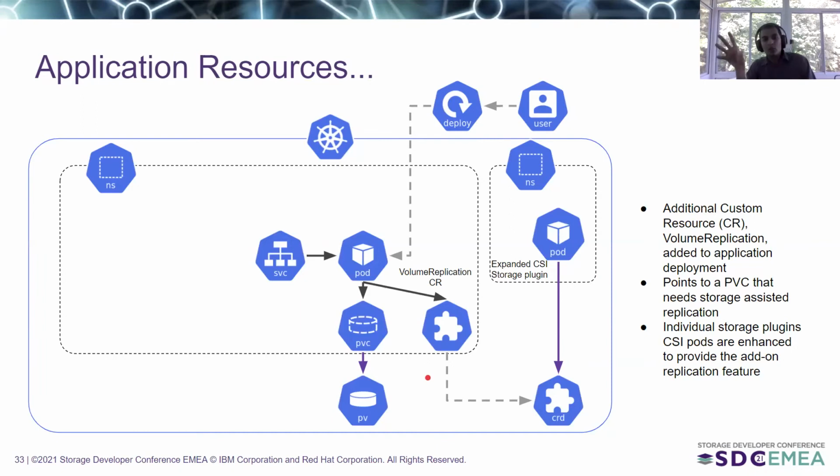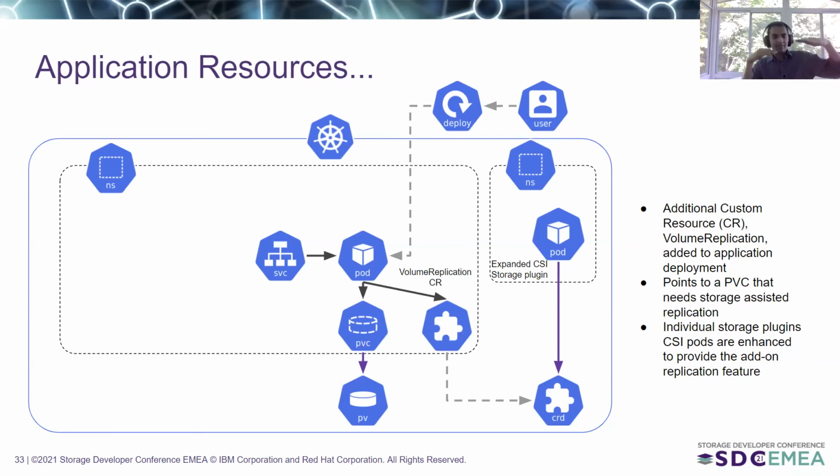Now, what does this mean for the user, right? So the user, in addition to deploying application resources like PVCs, also needs to deploy a volume replication CR, which will point to the PVC and which will have a particular state of primary or secondary. Now, the user can do this, or the DR orchestration layer can do this.